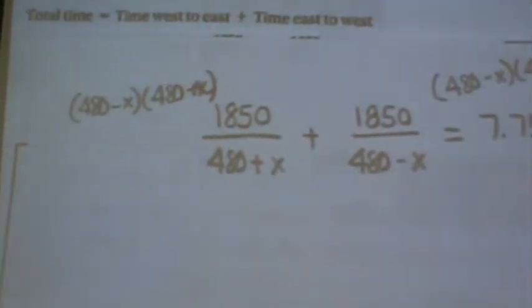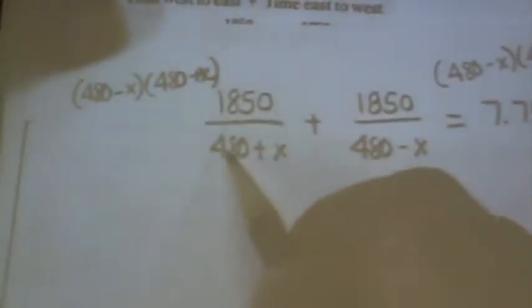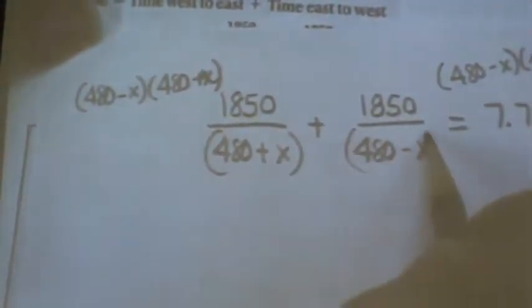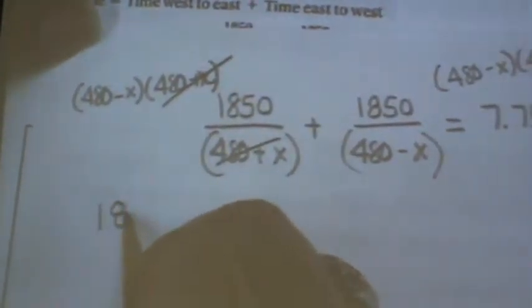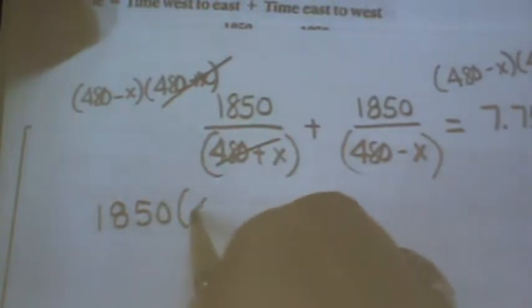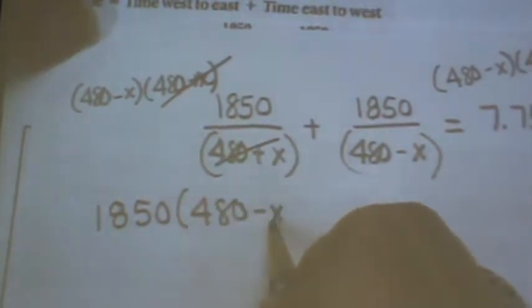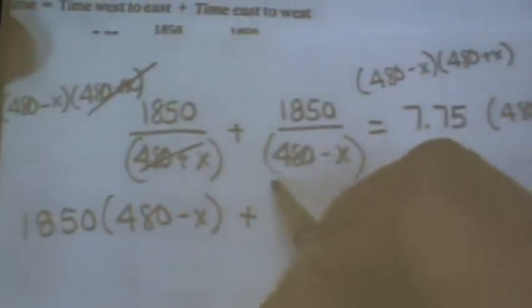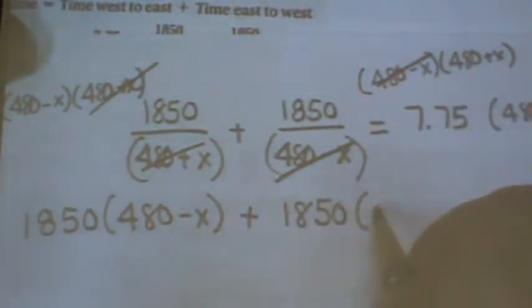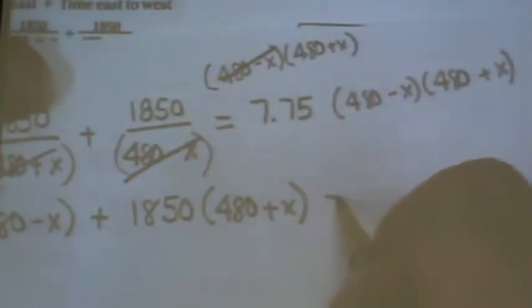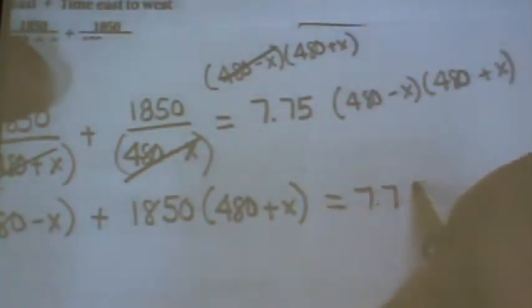So now how would you solve this? What cancels here? This cancels with this. So what you have is 1850 times 480 minus X, plus, these cancel, 1850 times 480 plus X. And then you have 7.75 times the denominator.